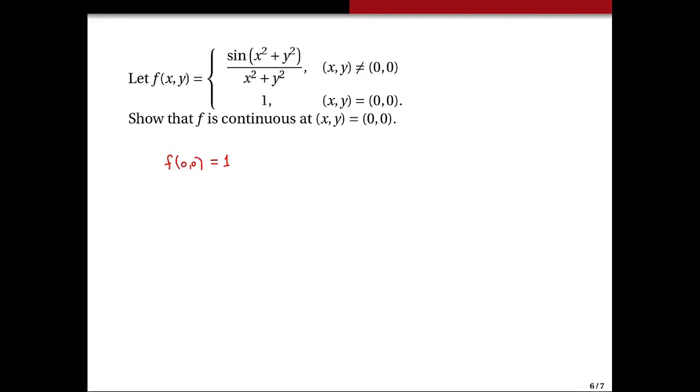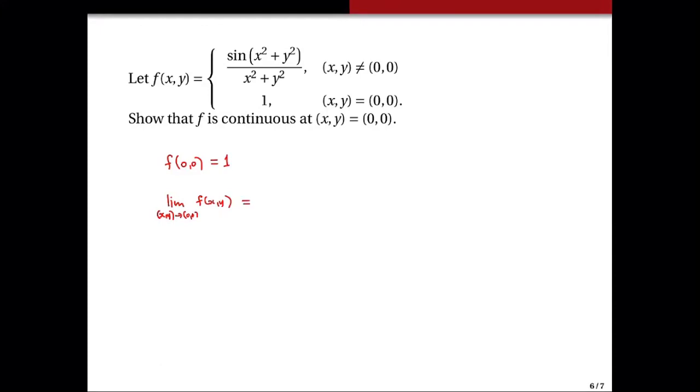And then we find the limit of f(x, y) as (x, y) goes to (0, 0). We want to show that this is equal to 1.